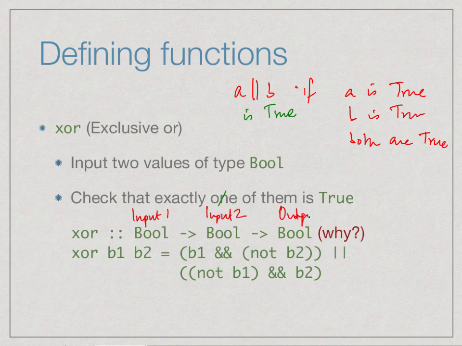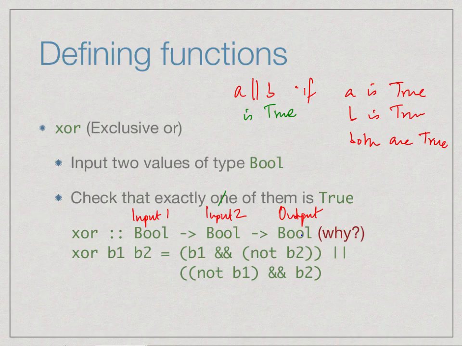Why this is the case will become clear a little later in this week's lectures when we talk about this whole notation of functions not using brackets and so on. But for now, let's just assume that for a function of many inputs, we write the type of each input one after another separated by this arrow symbol, followed by the output type. So a function which takes two Booleans and produces a Boolean is Bool arrow Bool arrow Bool.